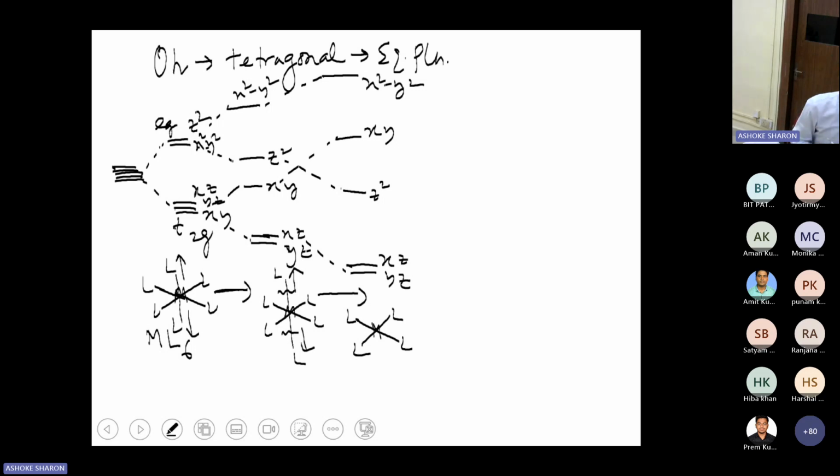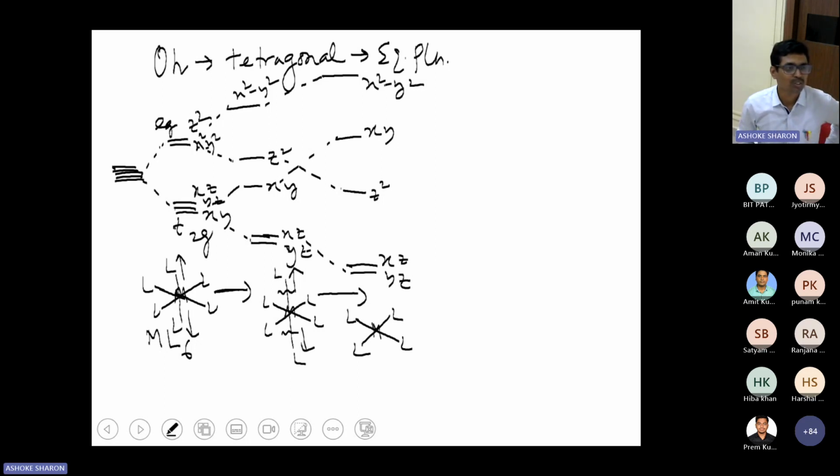So the difference between the first, second, and third is that in the first, all the axial and equatorial ML bond distances are equal. In the second, called tetragonally distorted geometry, the axial ML bond distance is larger than the equatorial bond distance. And thirdly, in the final one, there are no axial bonds, only the equatorial bonds, and they have the same distances.